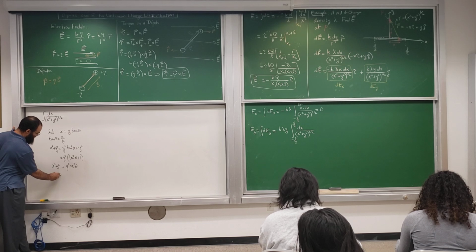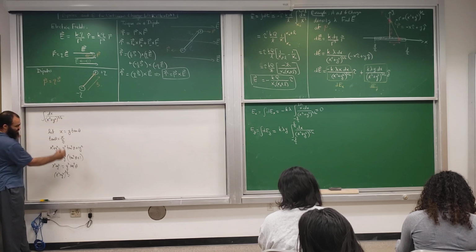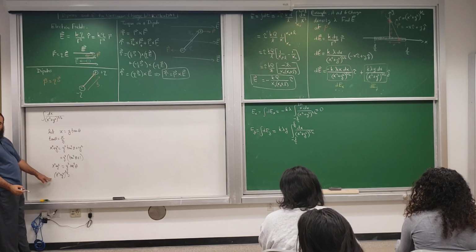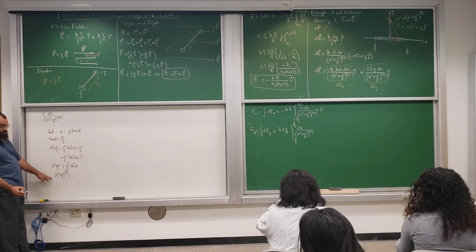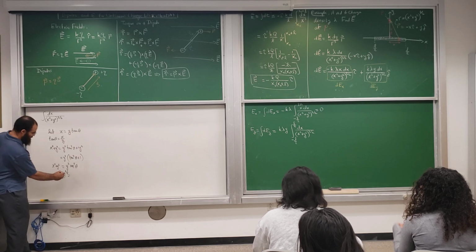So x squared plus y squared to the 3 halves gives me what? Because at the bottom I have x squared plus y squared to the 3 halves. It gives me y cubed.